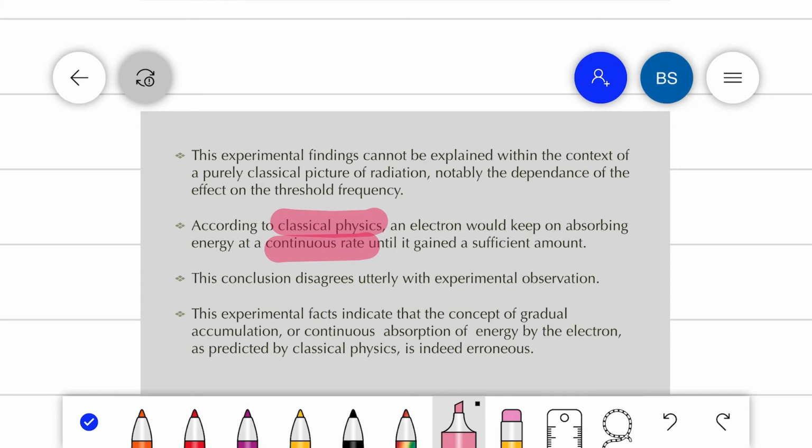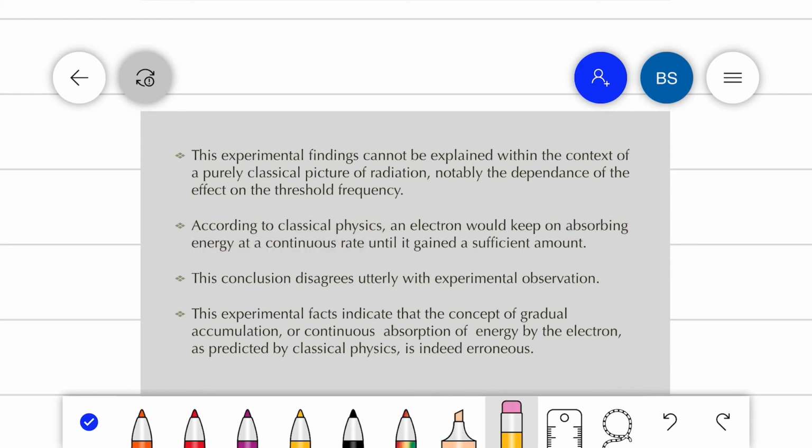If this argument were to hold, then when using very weak radiation, the photoelectric effect would not take place for a long time, until an electron gradually accumulates the necessary amount of energy. But when experiments were conducted with a light source so weak that it would have taken several hours for an electron to accumulate the energy needed for its ejection, we could see that some electrons left the metal surface instantly.